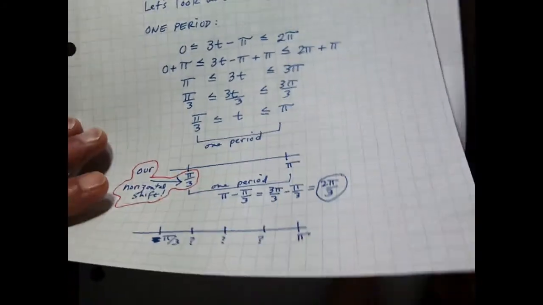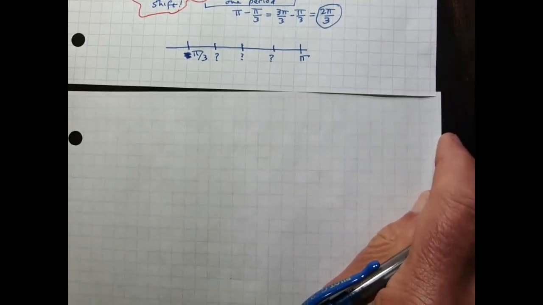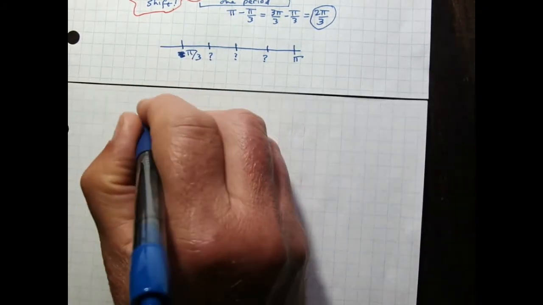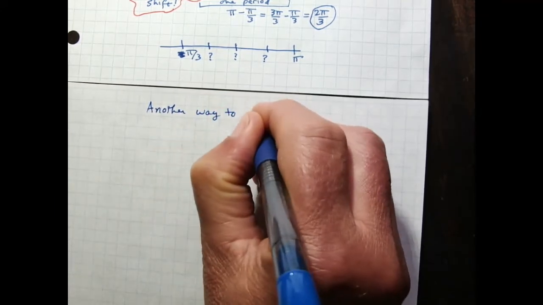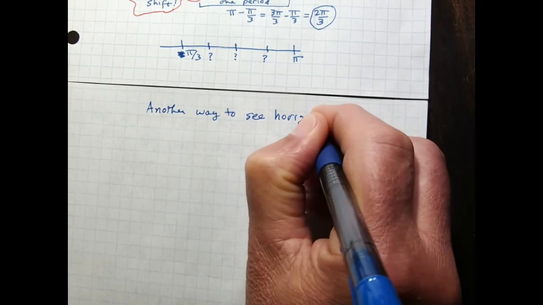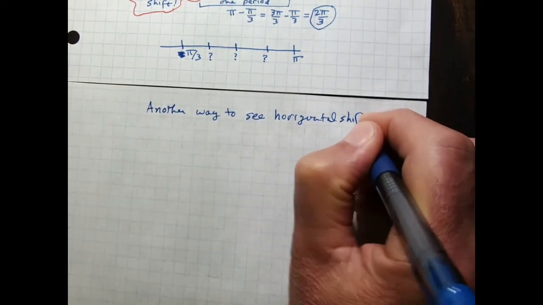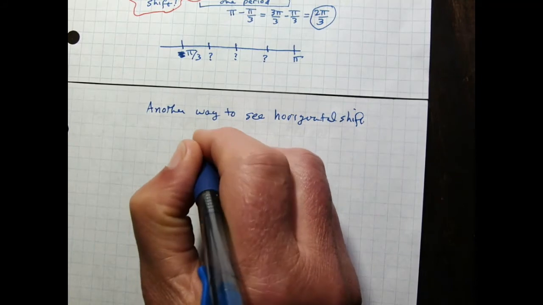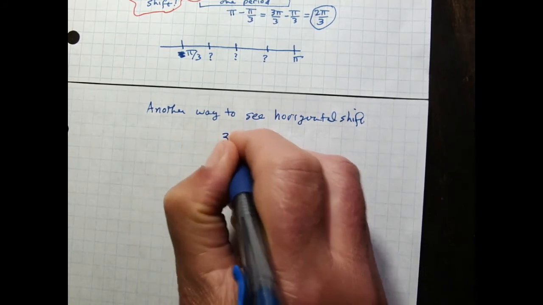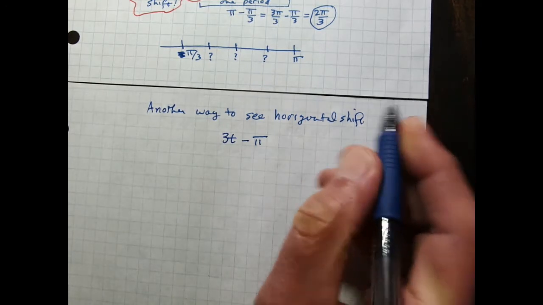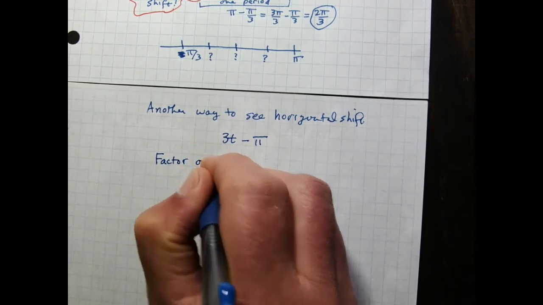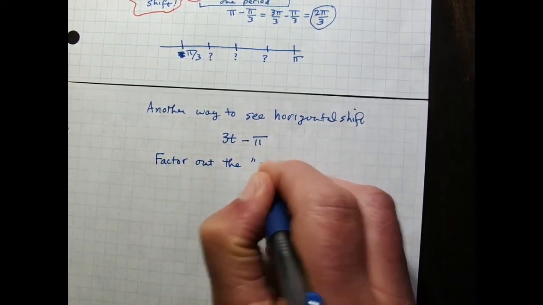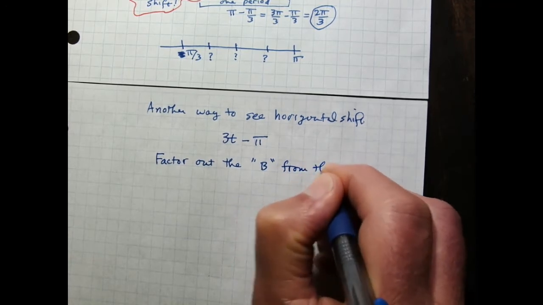But another way to see the horizontal shift for this function is to take the expression in parentheses again, 3t minus pi, and factor out the b value from these two terms.